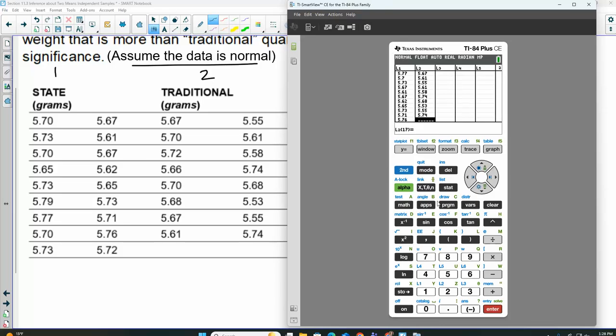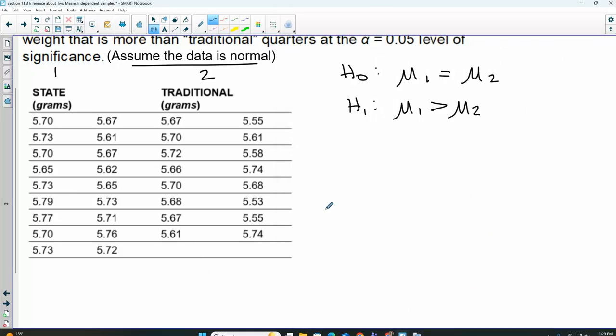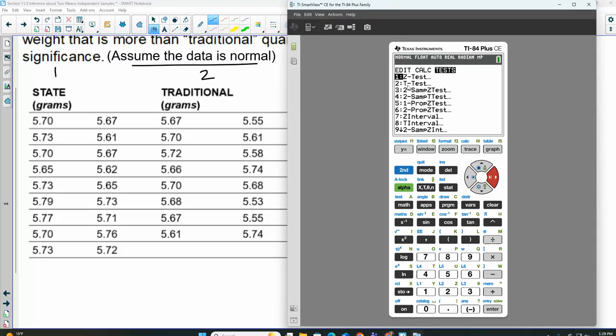So now we are going to go to Stat, Tests, and we are used to doing a t-test, but here I have two different samples. So you are going to go to number 4, a 2-sample t-test.